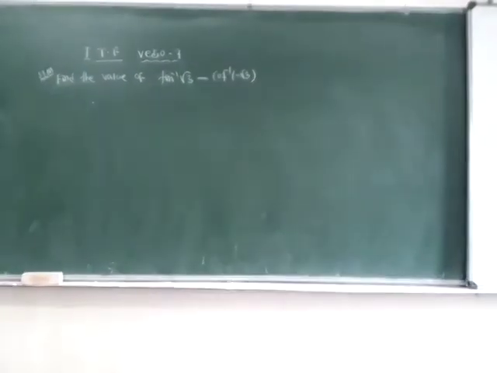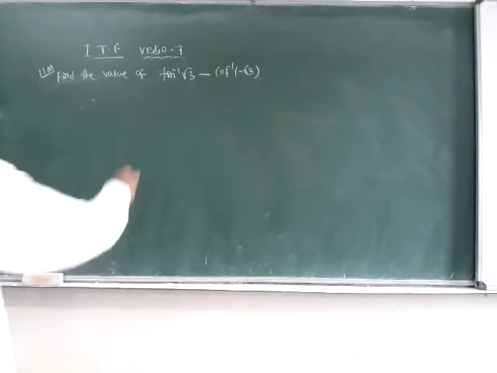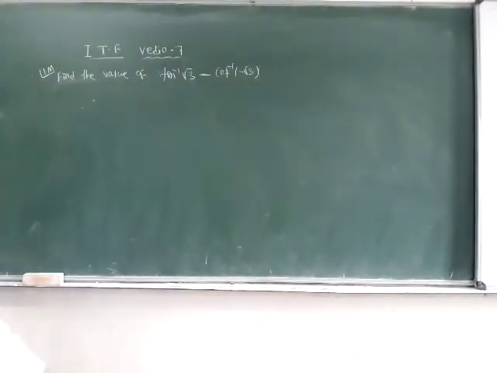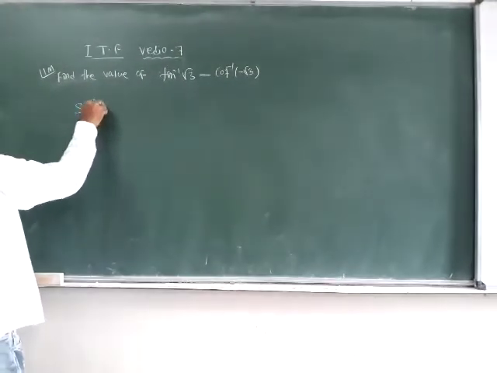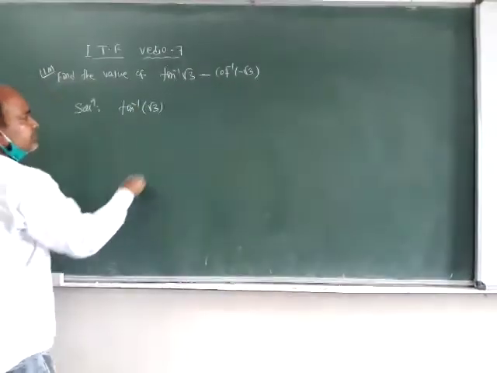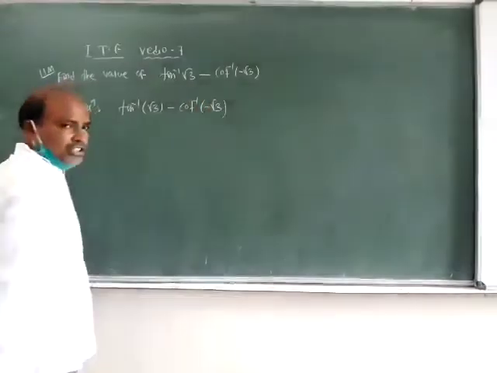So now the problem is: find the value of tan inverse root 3 minus cot inverse minus root 3. Tan inverse root 3 minus cot inverse minus root 3. Be careful. So here the solution: tan inverse root 3 minus cot inverse minus root 3.